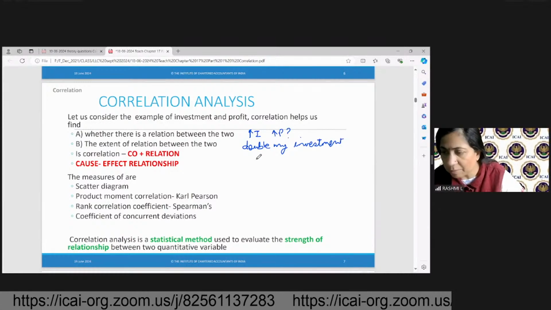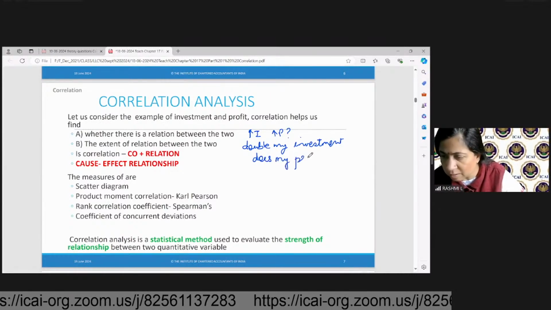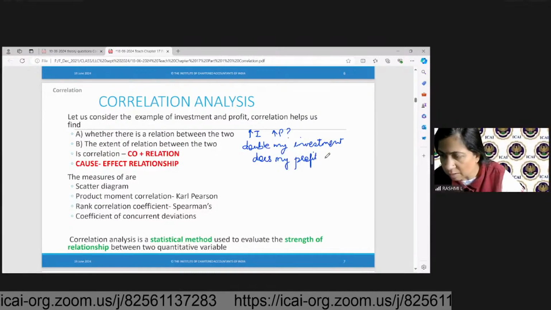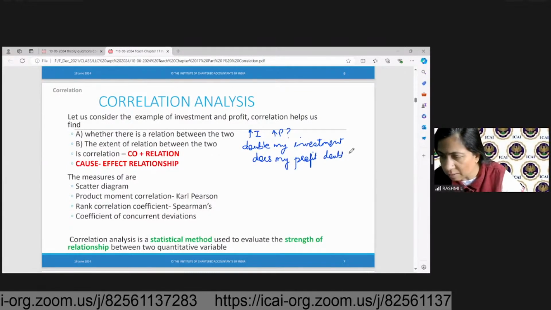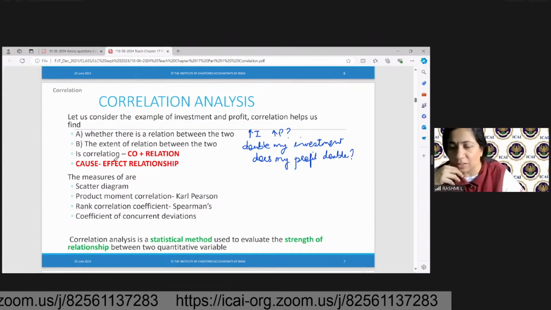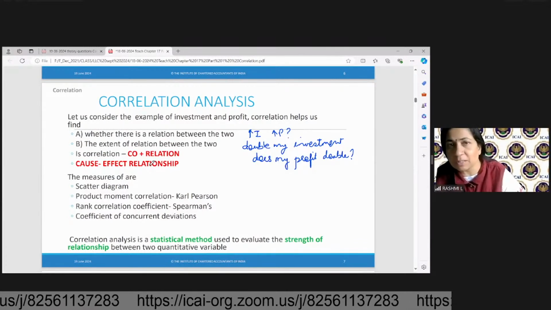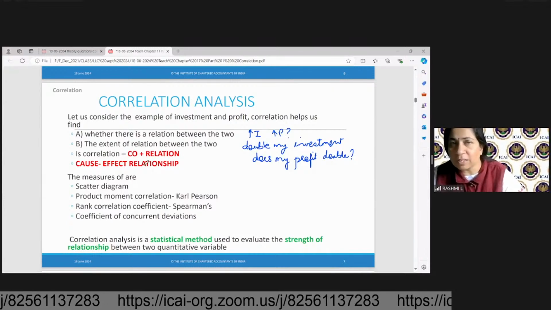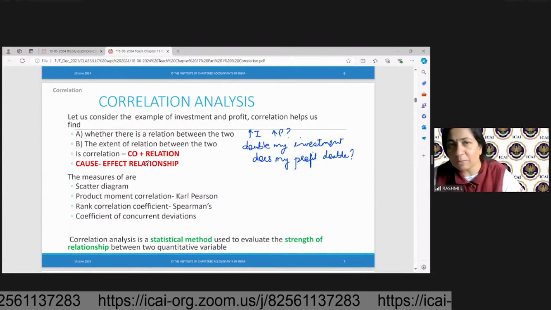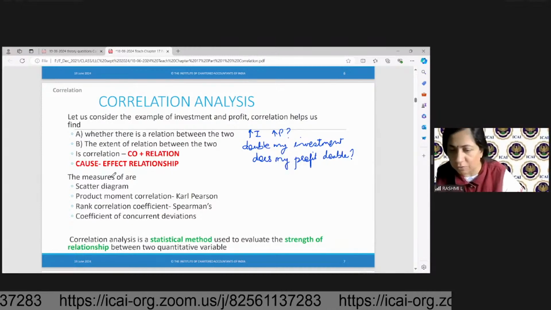If I double my investment, does my profit double? Okay, all these questions I can answer using this correlation. Correlation means a cause and effect relationship is here. So increase of investment, is it giving the effect of increase in profit?